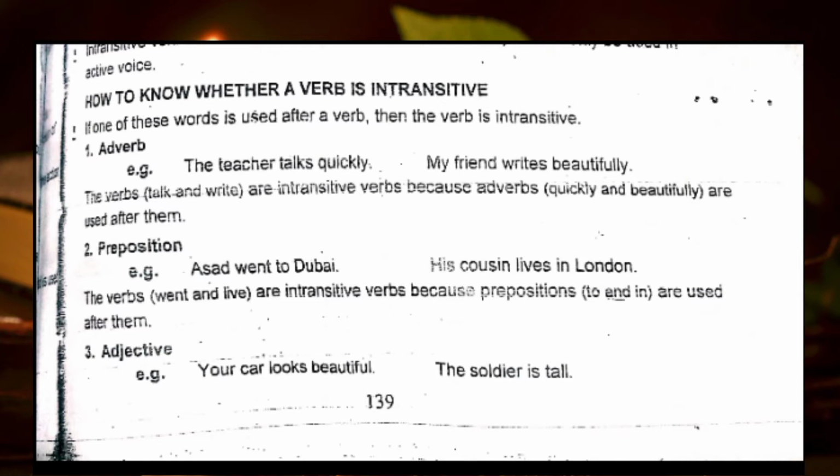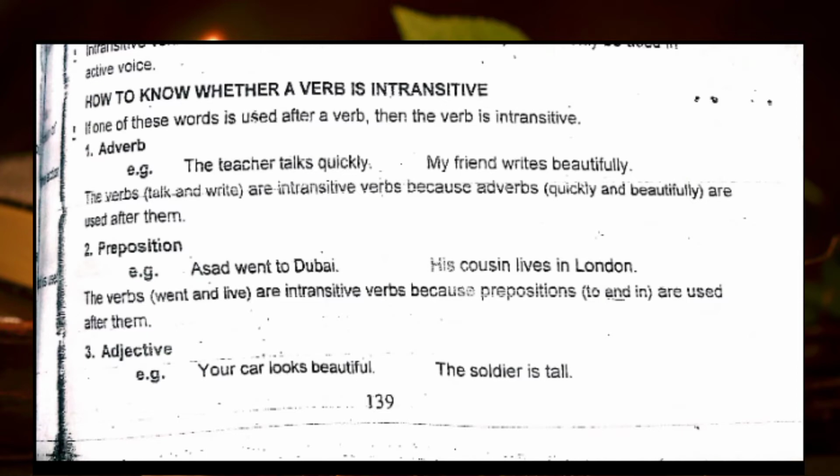The teacher talks quickly. My friend writes beautifully. These quickly and beautifully are what? Adverbs. The verbs talk and write are intransitive verbs because the adverbs quickly and beautifully are used after them.